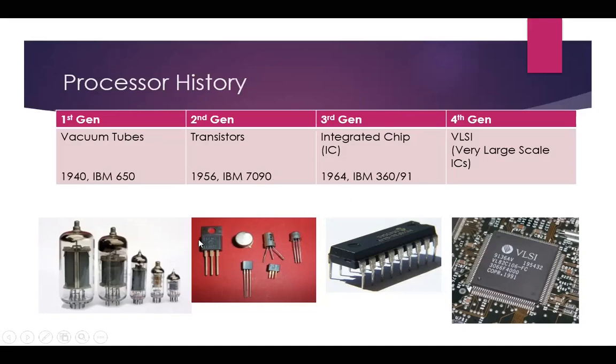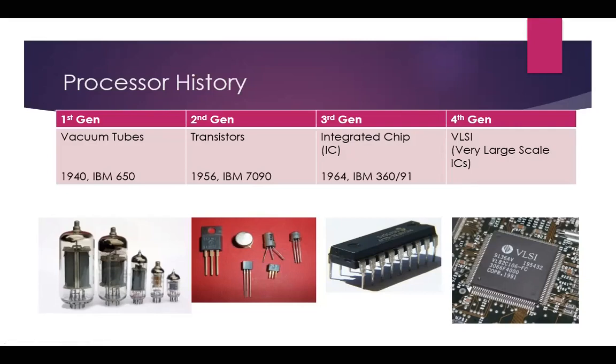Then if you combine the transistors in a single system, it is known as an integrated chip or IC, and such computers were known as third generation computers somewhere around 1964, and an example is IBM 360.